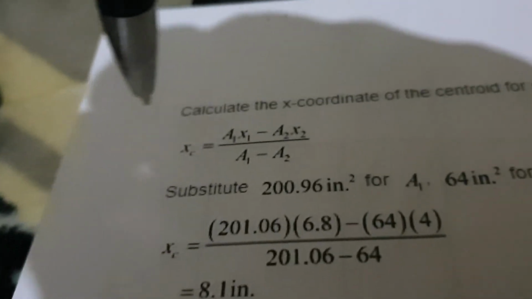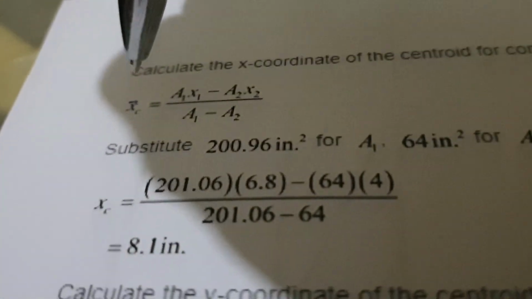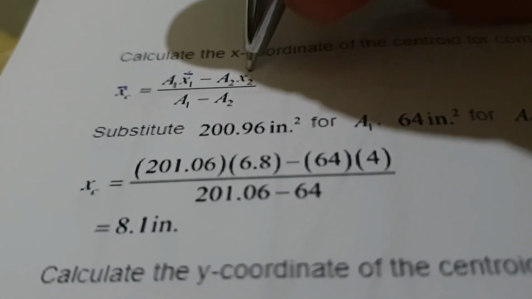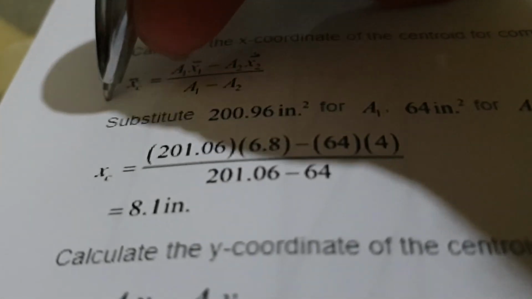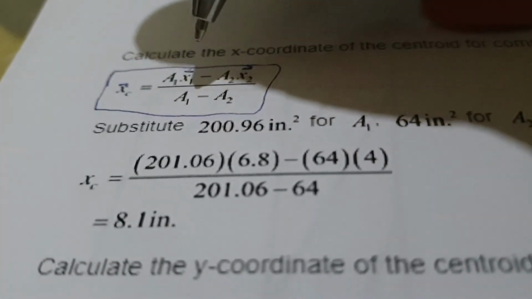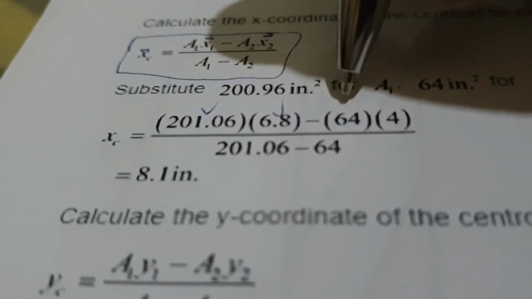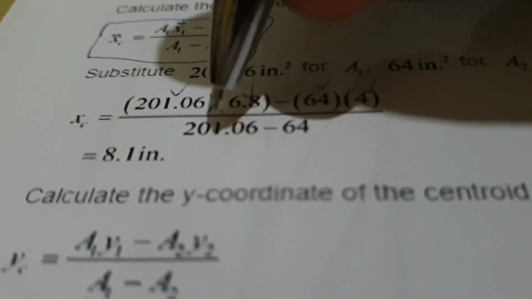So xc, the centroid on the x-axis, is area 1 times x1 bar minus area 2 times x2 bar, over area 1 minus area 2.